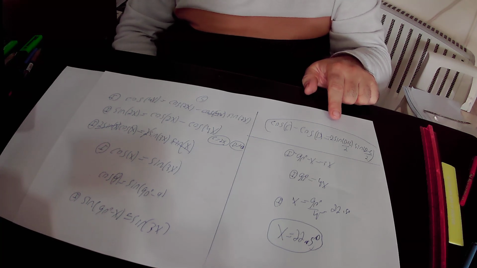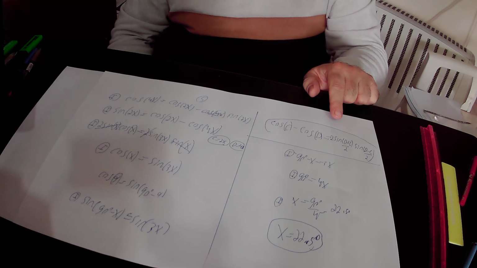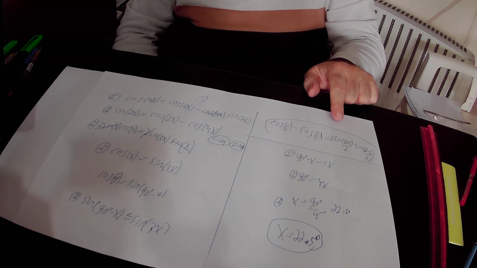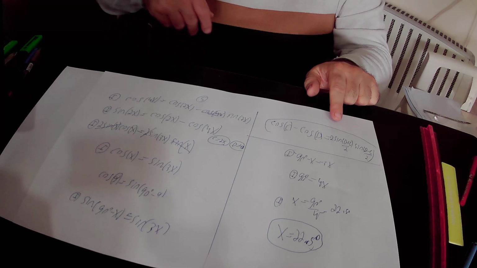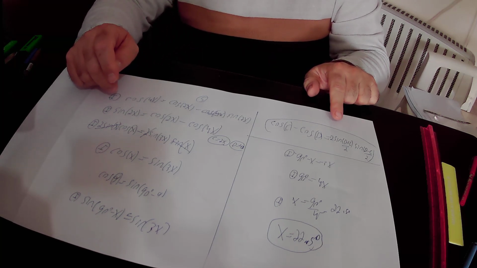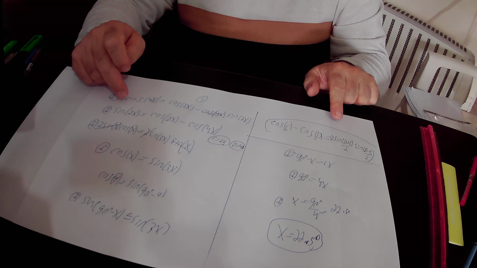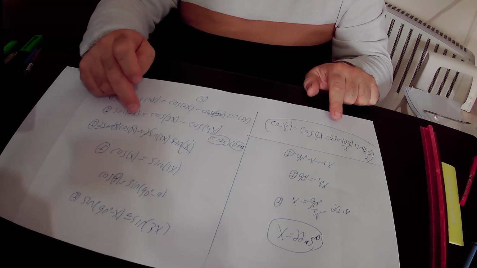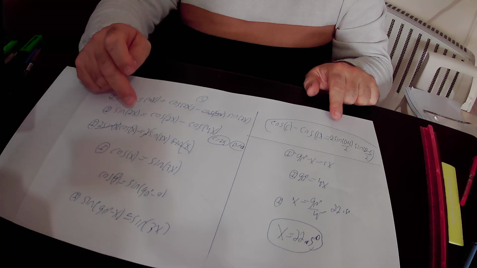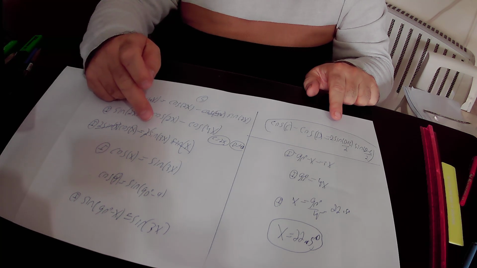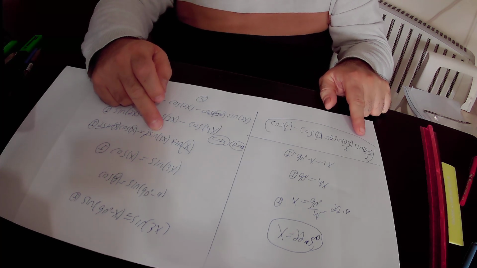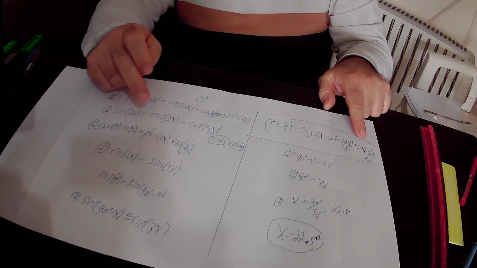So 2 sine of D plus C over 2 is 2 sine of 4x plus 2x over 2. 4x plus 2x is 6x, and 6x over 2 is 3x. So we got here 2 sine 3x, and we have to multiply it by sine D minus C over 2.